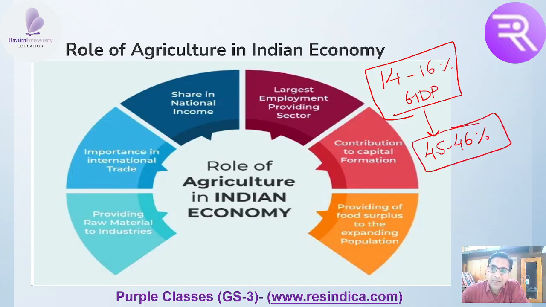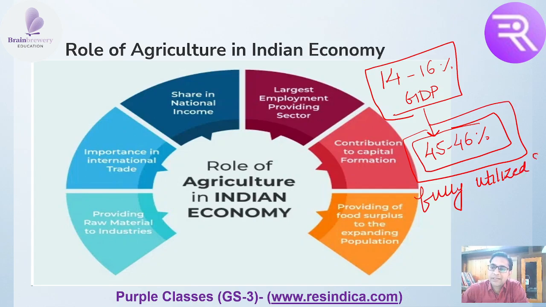That means close to half of the working age population is engaged in agriculture. But the problem with agriculture is whether this population is being fully utilized or not. Whether it is getting fully utilized, that is the question mark over here.